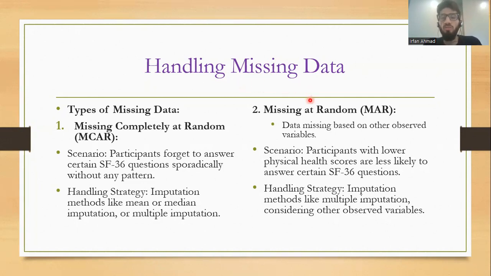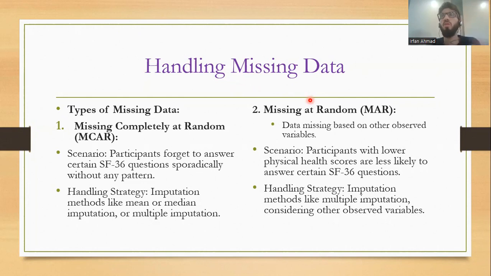Now missing at random: data missing based on other observed variables. For example, participants with a lower physical health score are less likely to answer certain SF-36 questions. If their health problem is very poor, they can't answer certain questions.